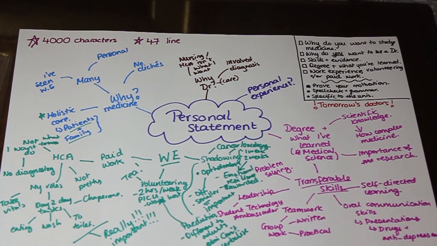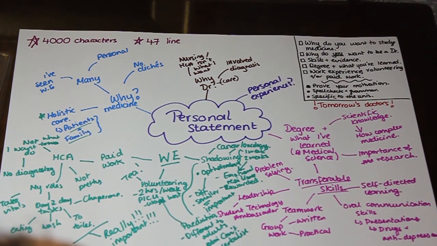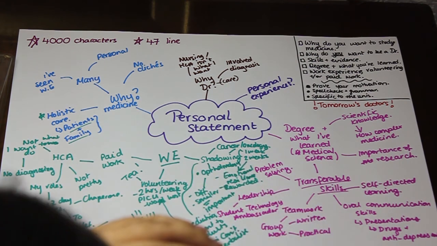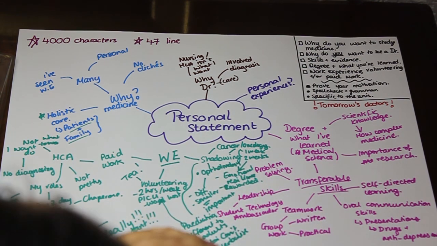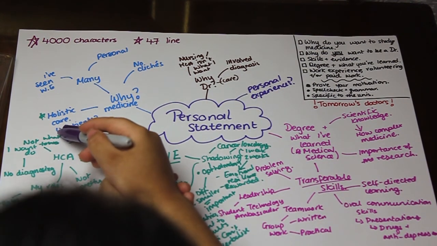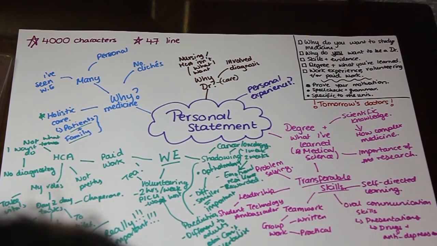Things to consider when you're doing this is that some medical schools might see it as you're trying to get pity from them, or you're trying to make them feel sad or feel bad for you, especially if someone you know has died, which is obviously really sad and unfortunate, but that shouldn't necessarily be your main reason for doing medicine. And at the end of the day, so many people go into hospital and so many people die.